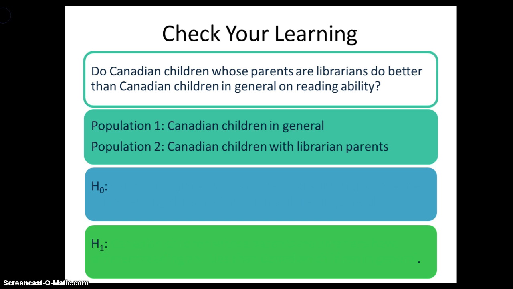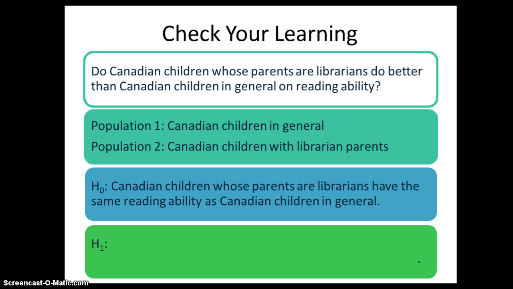Okay, so the first population is Canadian children in general. So we're comparing them to the second population, which is Canadian children whose parents are librarians. For the null hypothesis, we would say Canadian children whose parents are librarians have the same reading ability as Canadian children in general.